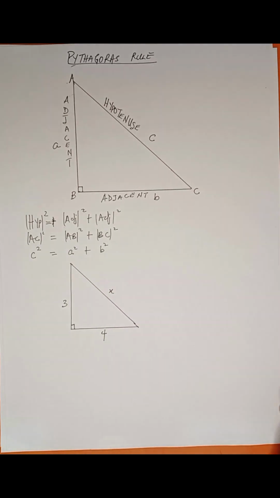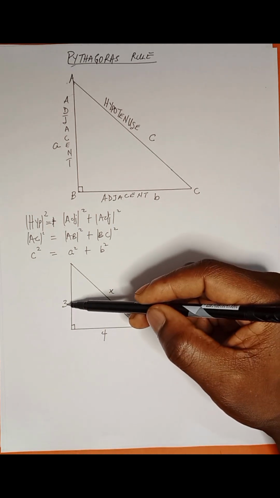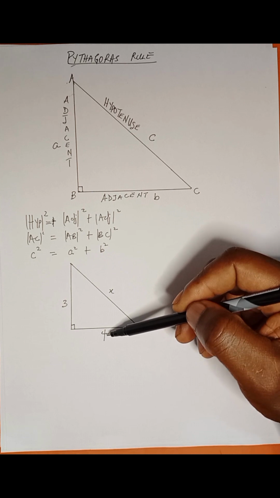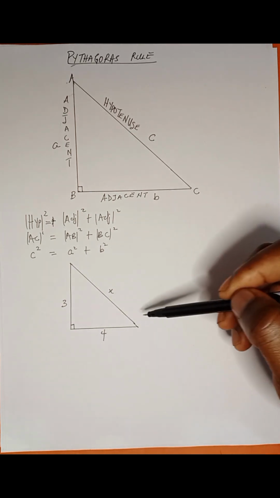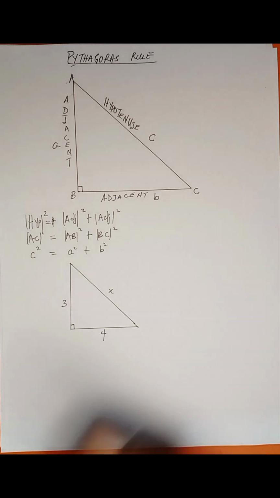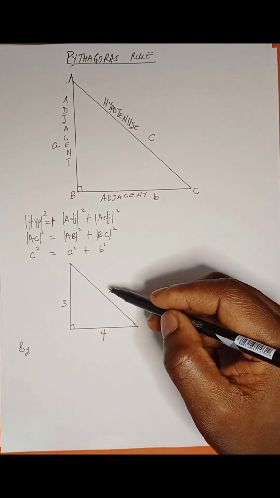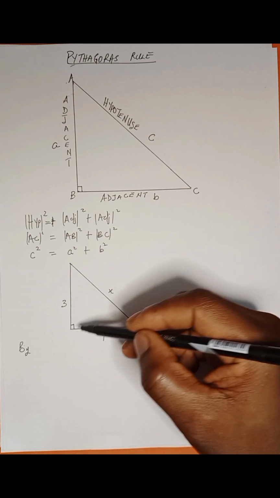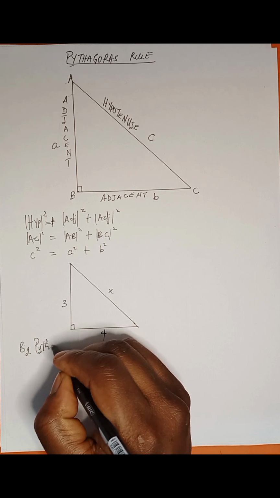So I have a triangle, a right angle triangle. Inside is 3, the other adjacent side is labeled 4, and the hypotenuse is x. Now by Pythagoras, because I have two sides and I'm looking for the third side, and it is a right angle triangle, I can apply Pythagoras.